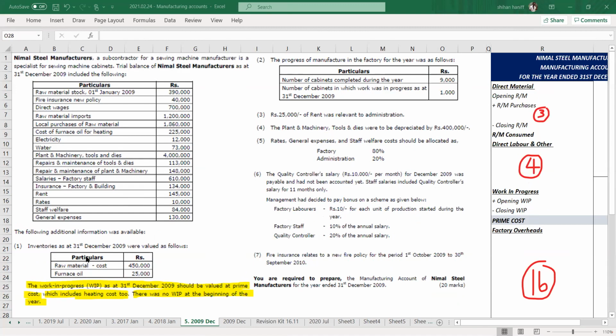Go to the format and start with the additional information.